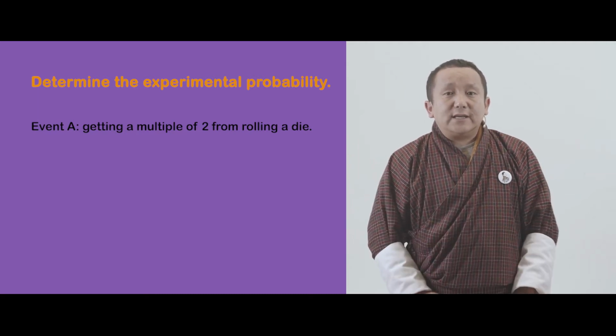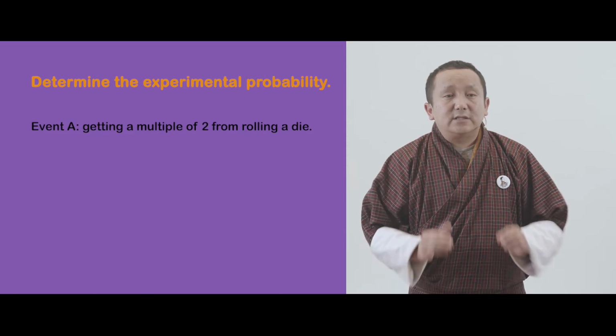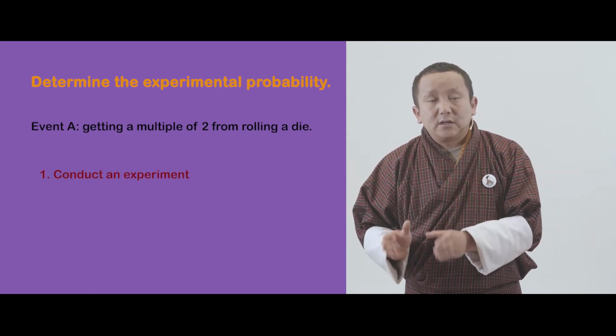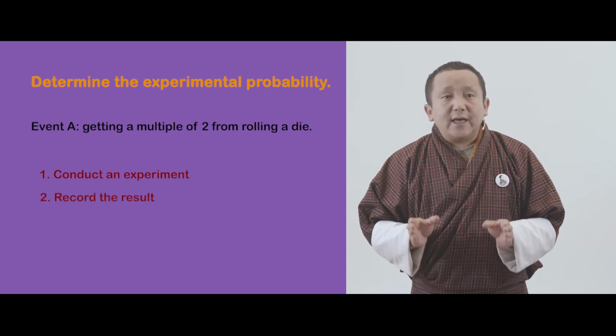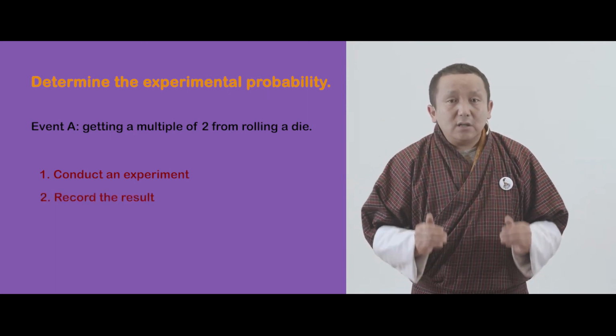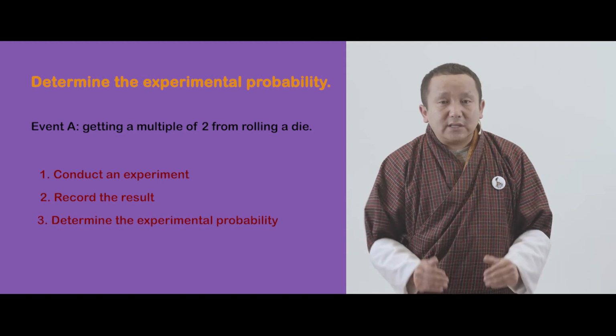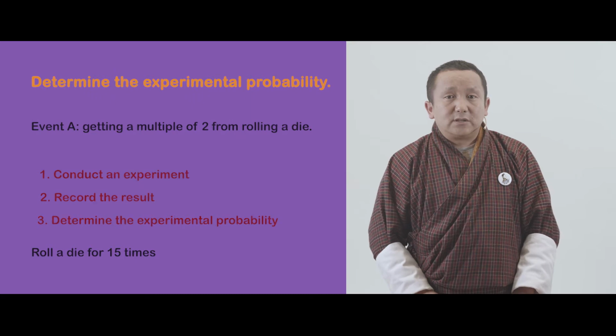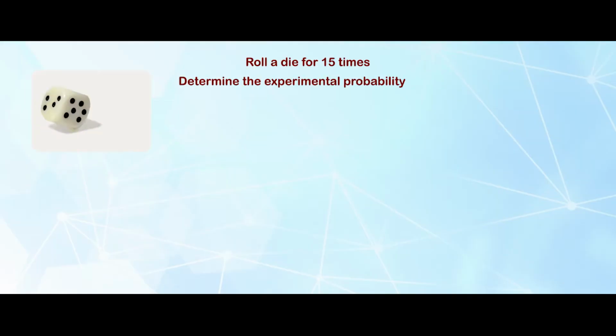And to determine the experimental probability, it is important for us to conduct an experiment first, record the results, and then determine the experimental probability. In this case, let us roll a die 15 times.